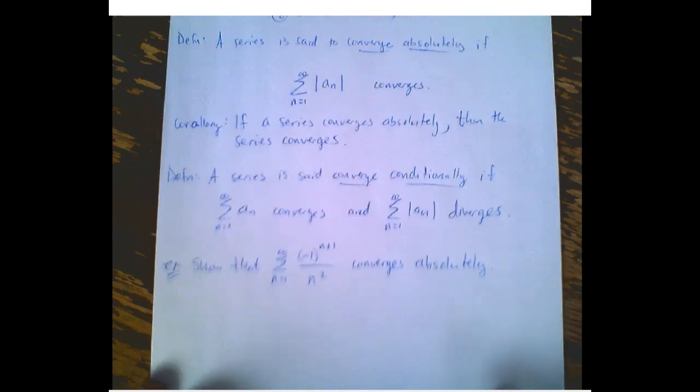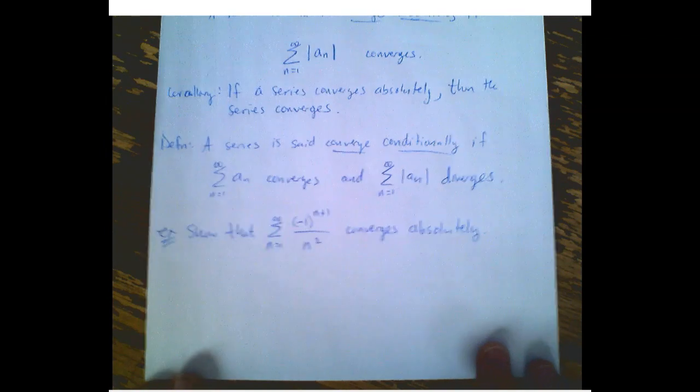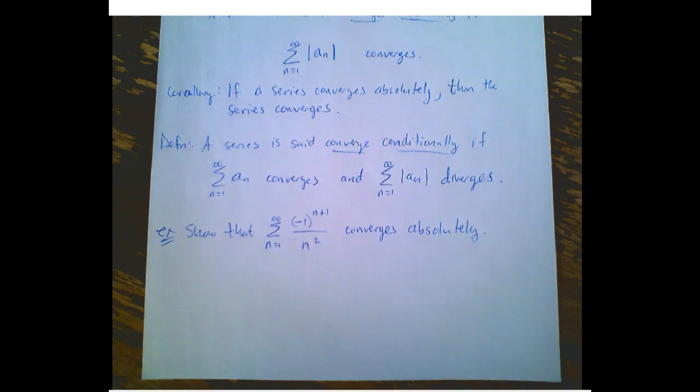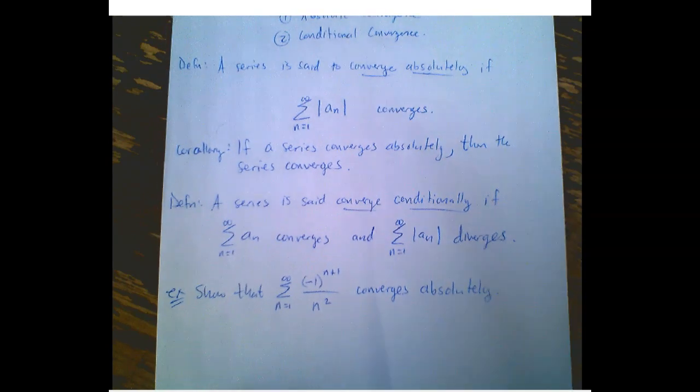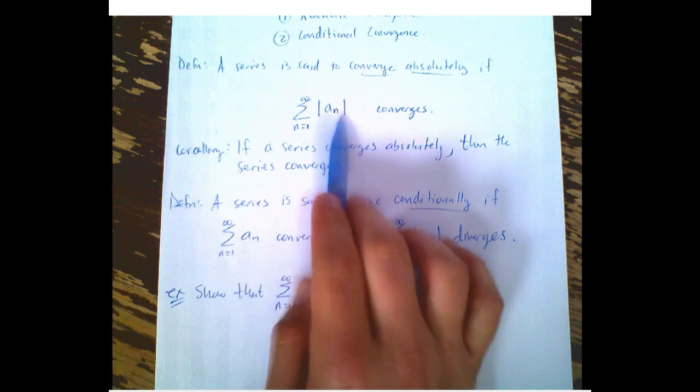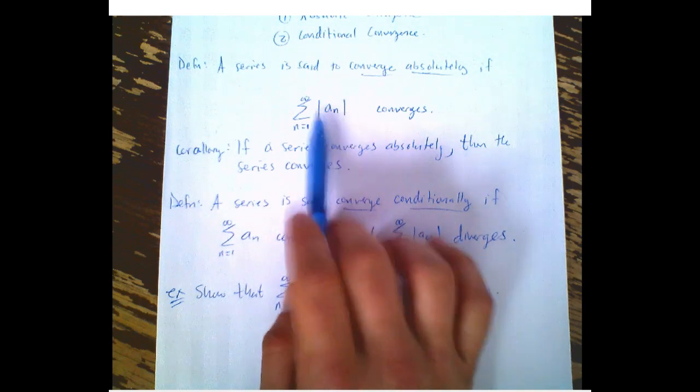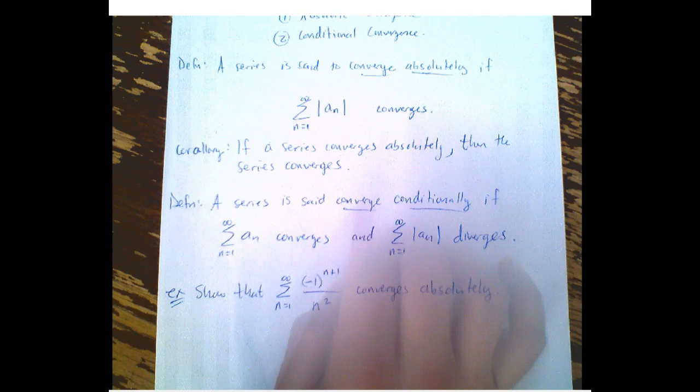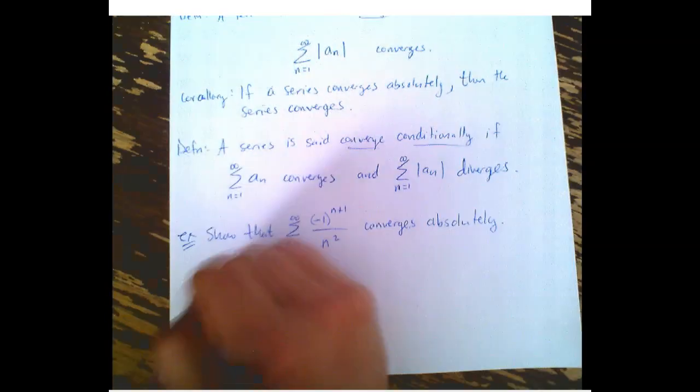Okay. All right, so how do we do this? Well, we know by definition that a series converges absolutely if the sum of the absolute value of the terms of the series converges. So that's the first thing we want to do. We want to look at this.